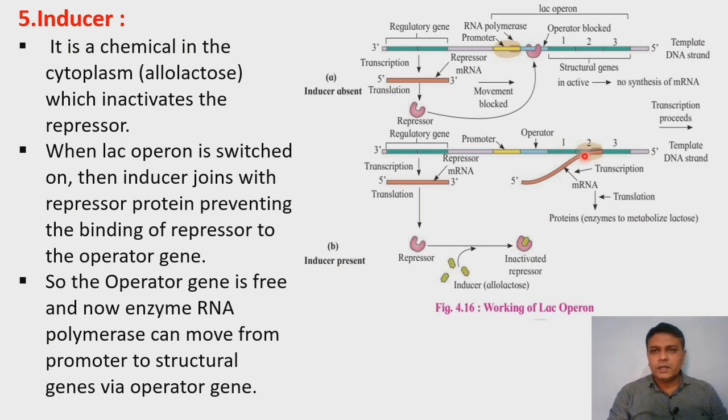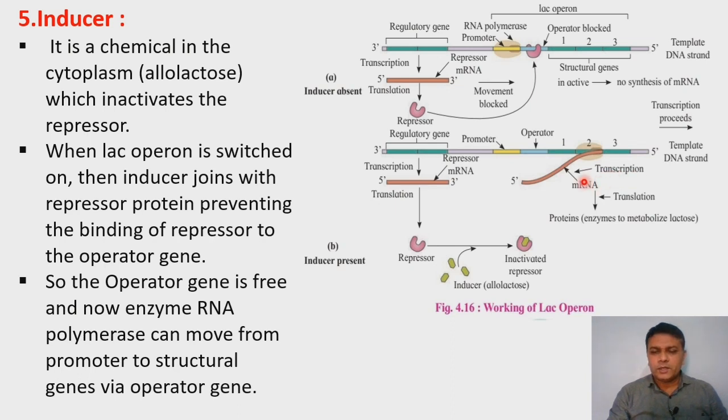Here we can see that when this repressor protein is inactivated and prevented from binding to the operator site, this RNA polymerase enzyme moves from the promoter to the operator, then from the operator to the structural genes. Here we can see the RNA polymerase. When it moves towards the structural genes, it will carry out the process of transcription. Here it is shown that transcription has been started.